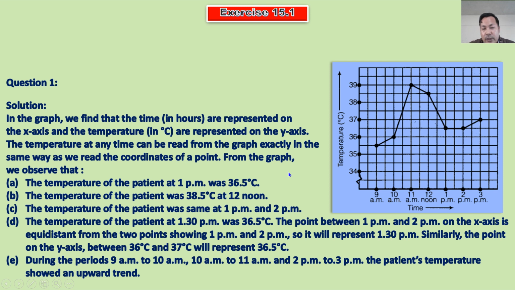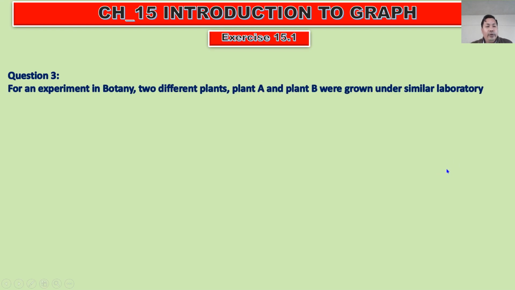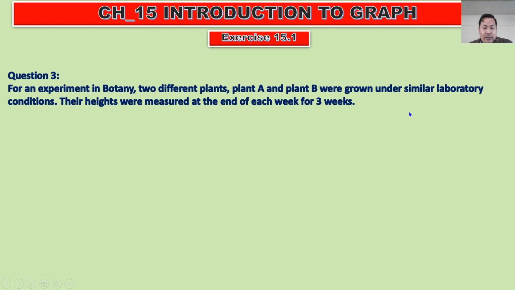So let us go to the next question. Question number three. In question number three, it says that for an experiment in botany, two different plants, plant A and plant B, were grown under similar laboratory conditions.